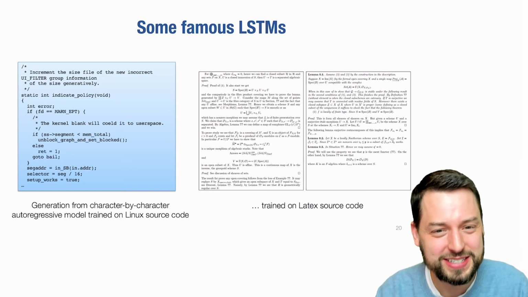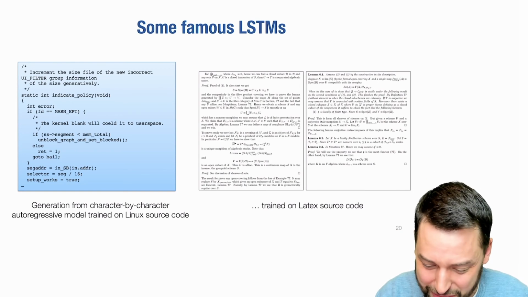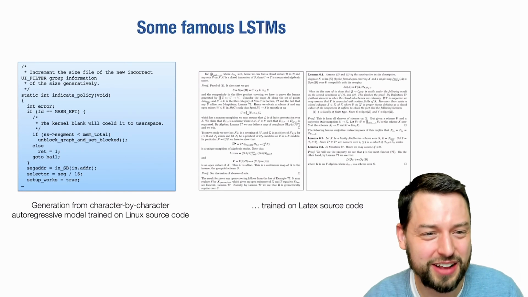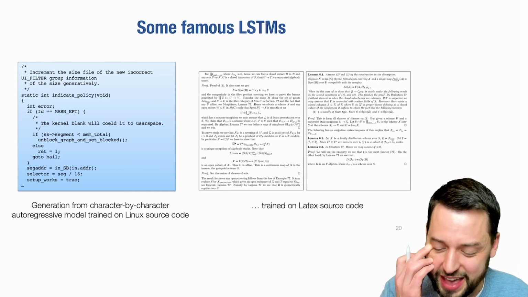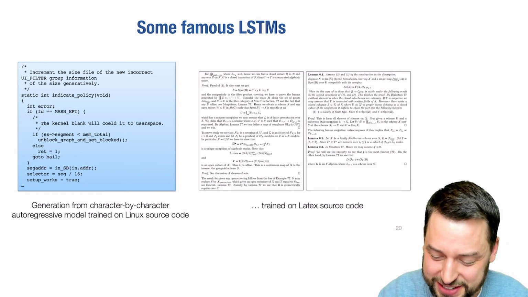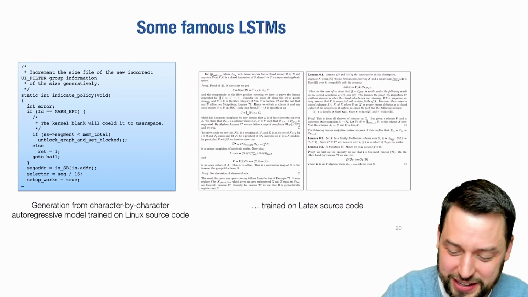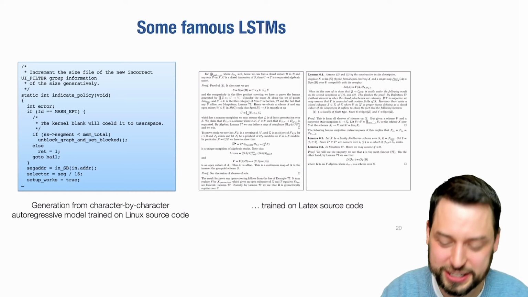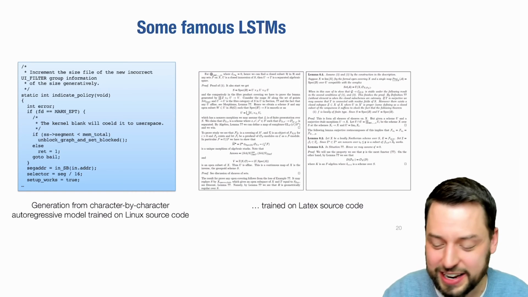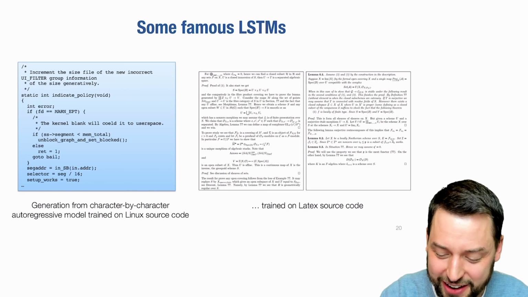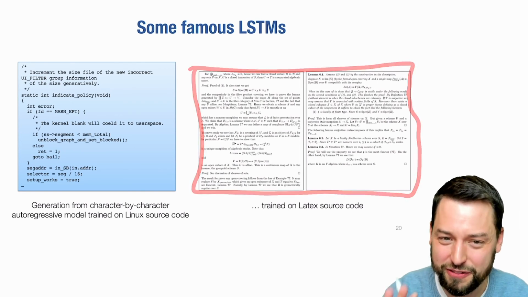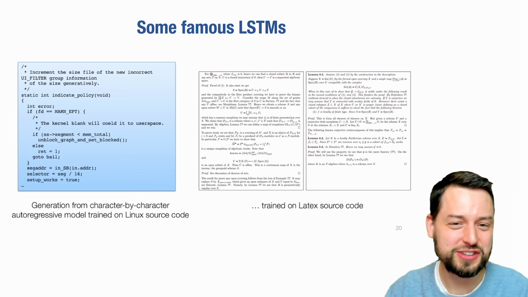It has comments that terminate, and formatting, and stuff like this. It's really hilarious. Even more impressive, he trained a similar version on, I think, an algebraic topology textbook in LaTeX, and from this generated LaTeX code that, with a few edits, actually compiled.